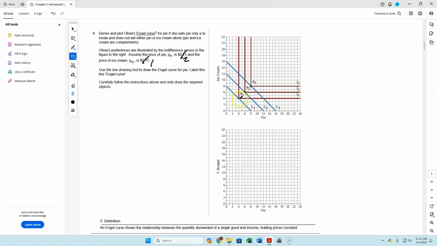But what we can see is that for pie, we're going from 4 to 6 to 8, so we have to find out our income level here. So the price of pie, 2 times 8 is 16.